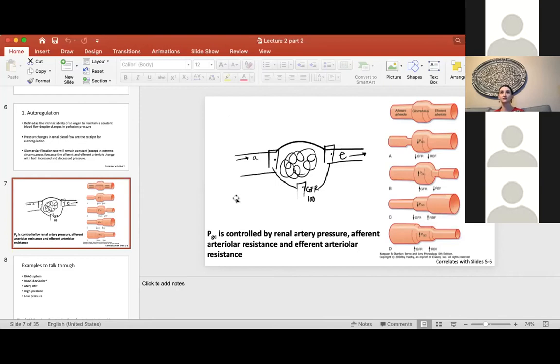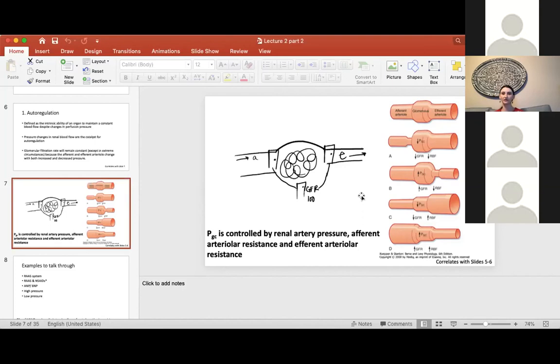I thought it was a cute way to learn this. You've got 3 doors: your afferent arteriole door, your efferent arteriole door, and your GFR door. Our front door is our afferent, our back door is our efferent, and our GFR door is the side door. There are all these cool kids at this party.